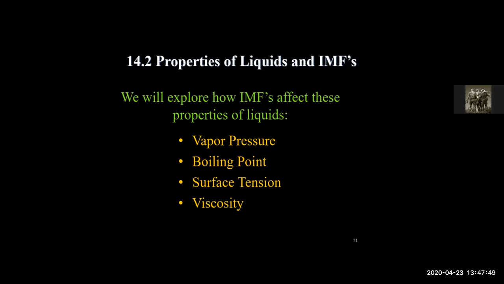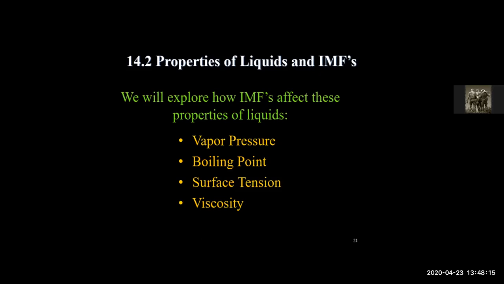The fact that it boils much lower infers that the IMF interactions of ethanol are much weaker than those of water, because it doesn't take much energy to break apart those interactions to get it into the vapor phase as compared to water.